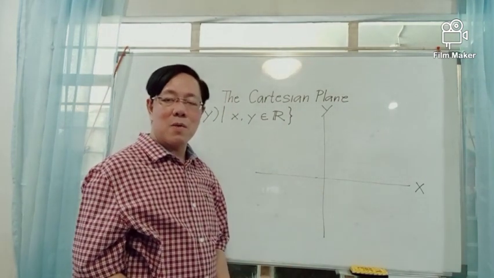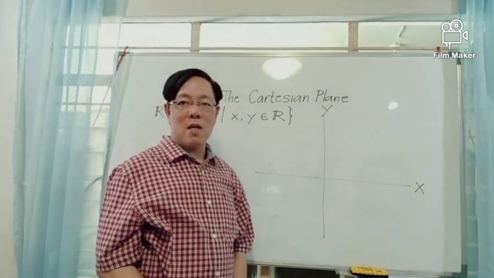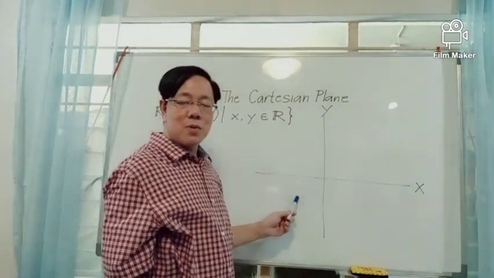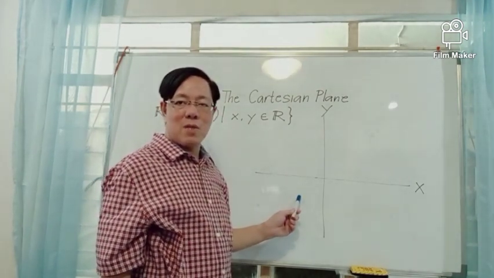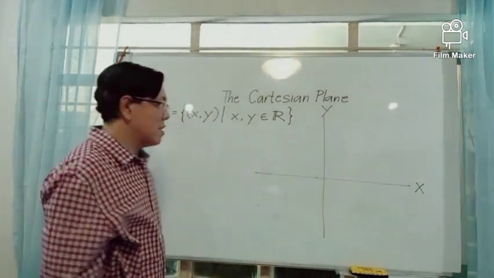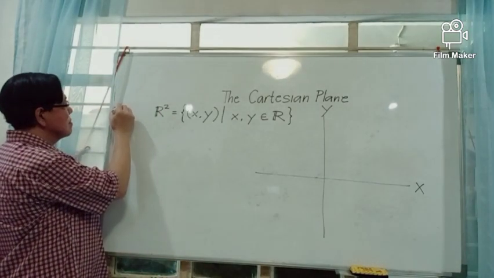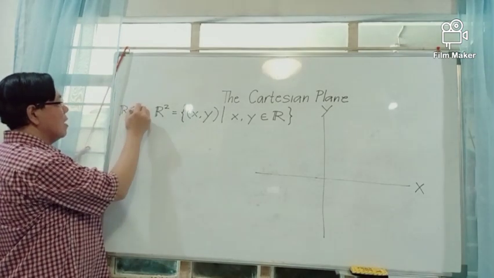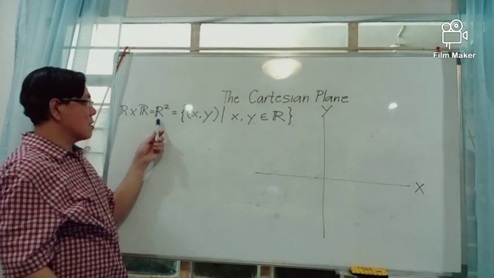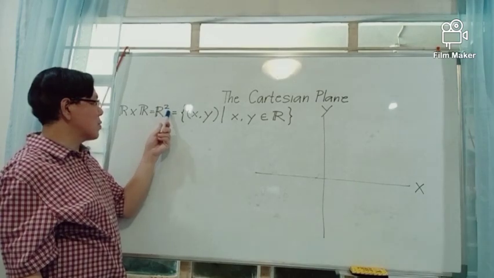If we take the cross product of the set of real numbers with itself, we will get the two-dimensional space or the Cartesian plane as a set of ordered pairs of numbers. If we write R cross R, the result is the Cartesian plane denoted by R to the power 2.